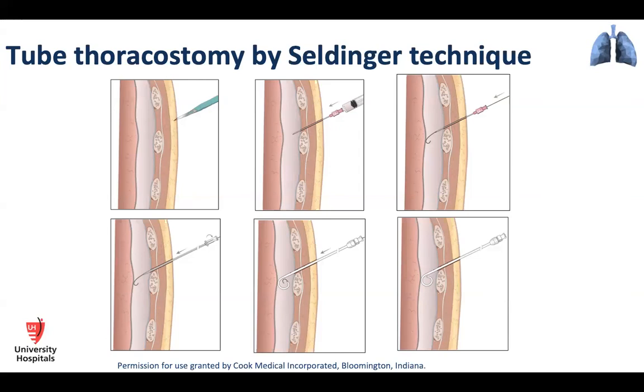Again, you don't know when the lung is tethered over there. And when you do a Seldinger technique chest tube, you don't have the ability to ensure with your finger that the lung is not tethered. So you're just guessing that wherever your wire is going, because you got air initially, it's still in the pleural space and not actually going through and through the lung. So you have to be a little careful about which location and which tube you're going to place.